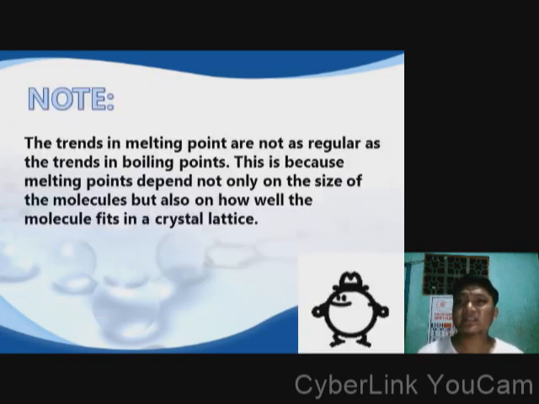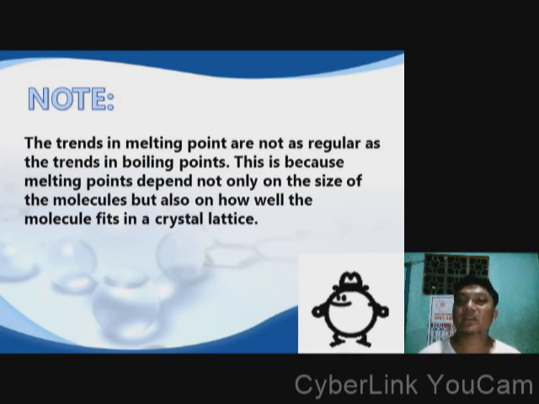Okay. Next naman, the trends in melting point are not as regular as the trends in boiling points. This is because melting points depend not only on the size of the molecules, but also on how well the molecule fits in the crystal lattice. Okay? Ulit. Basahin nyo ulit.